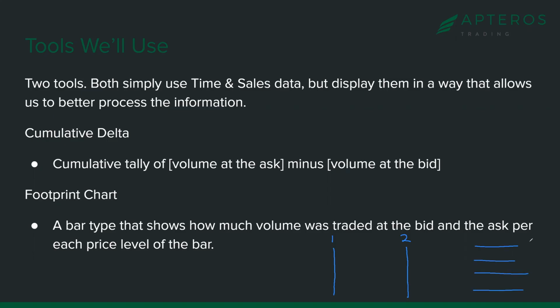It's the S&P, so it's 3348.50, 3348.25, 3348 even, and then 3347.75, right? Well, as we trade those prices, let's say during the first 1 minute period, first we had, I forget the numbers, 2 contracts at the bid right here when we were at 25 cents, and then 4 contracts at the ask. And let's say that the best bid and the ask drop down, right? And then we trade another 2 contracts into the bid lower, and then 4 contracts into the ask at the 25-cent level.